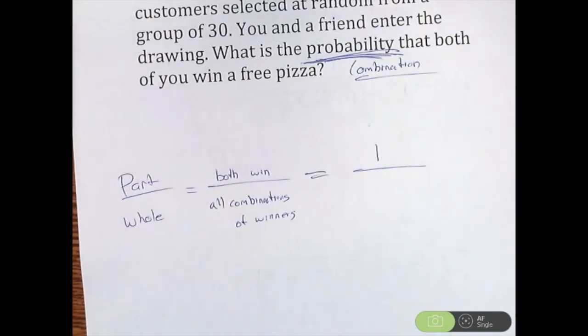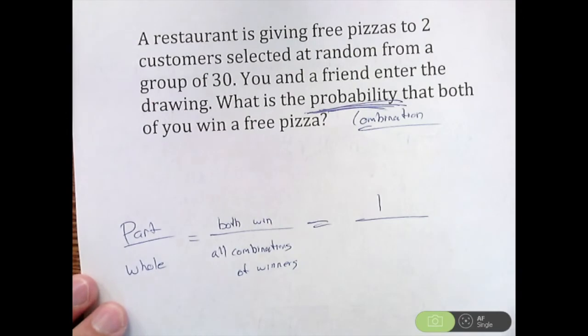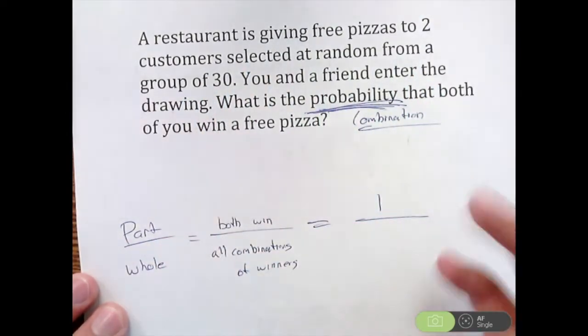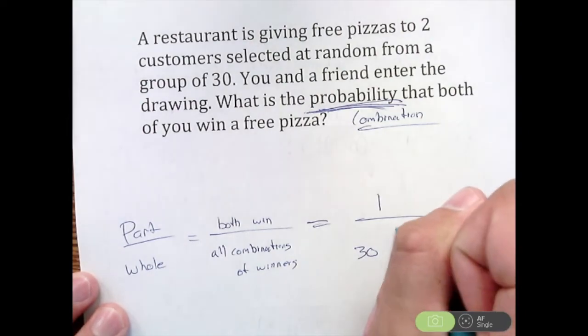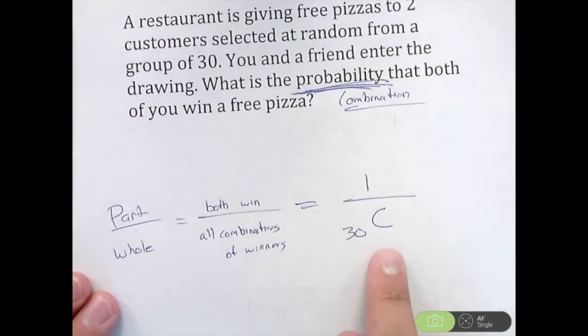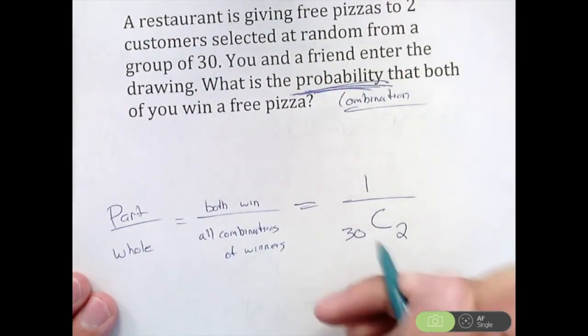So we have to figure out the total number of outcomes. How many total people are we choosing from? We're choosing from a group of 30. I know this is a combination, so I'm going to use C for combination, not permutation, and choose 2 out of the 30. So 30 choose 2.